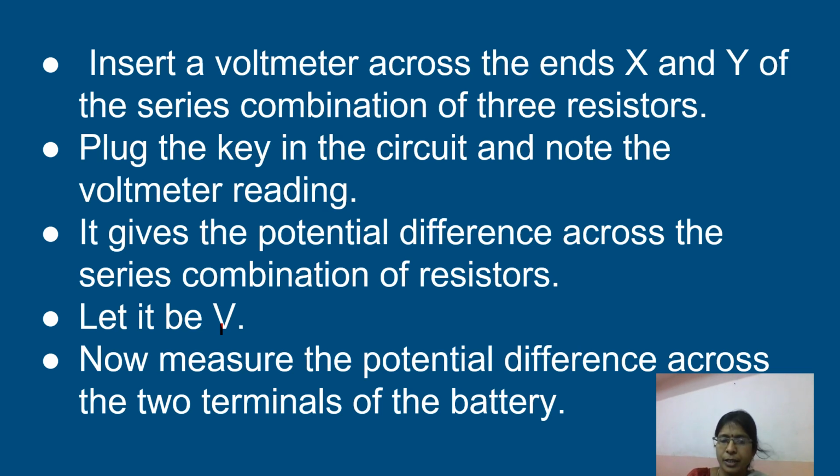So it should be equal to the same because same amount of potential difference flows from the battery to the points X and Y. So this value, let it be equal to V.